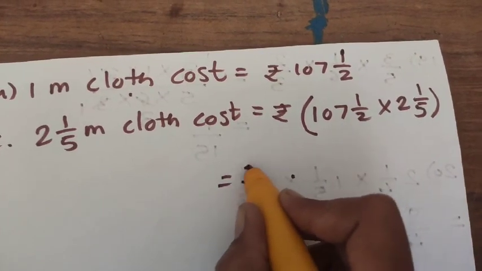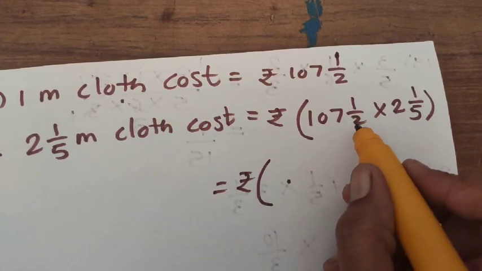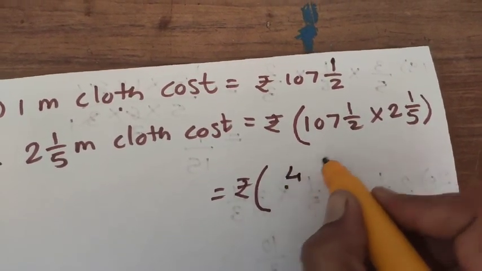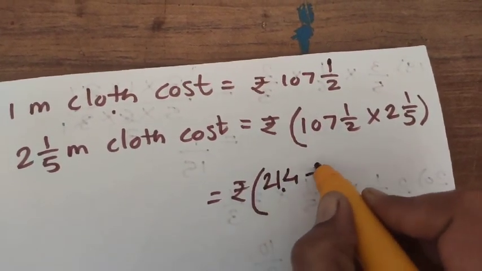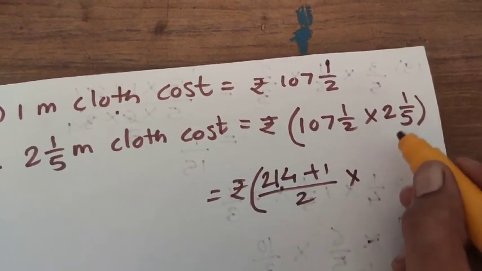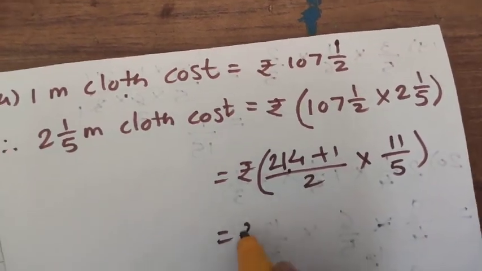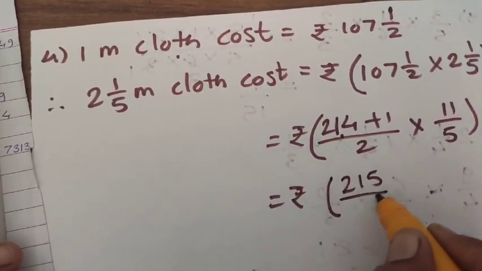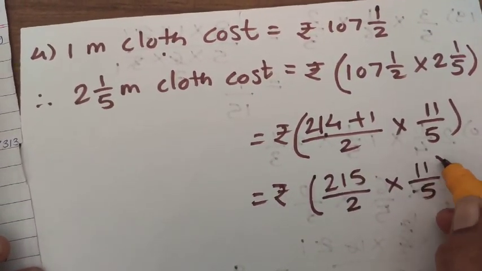So that is rupees, see 107 multiplied by 2, 7 2s are 14, 2 0 0, so 1 as it is, 2 1s are 2, plus 1. 5 2s are 10 plus 1, 11 by 5. 215 upon 2 multiplied by 11 by 5.